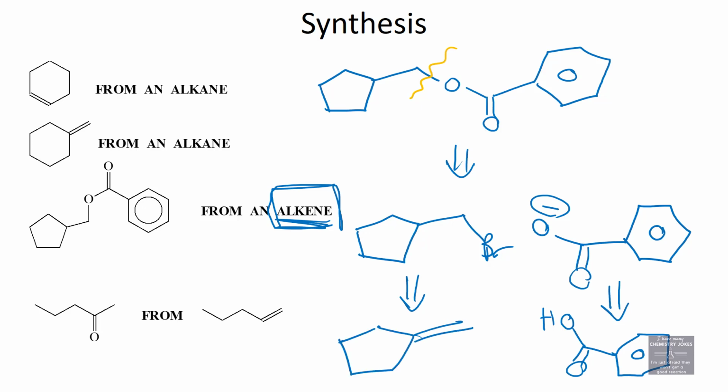But I know how to make alkyl halides from alkenes. I know how to make that alkyl halide from this alkene. So reagents. What reagents need to be added? From here to there, I need to deprotonate. How about hydroxide? Hydroxide will definitely deprotonate a carboxylic acid like that.